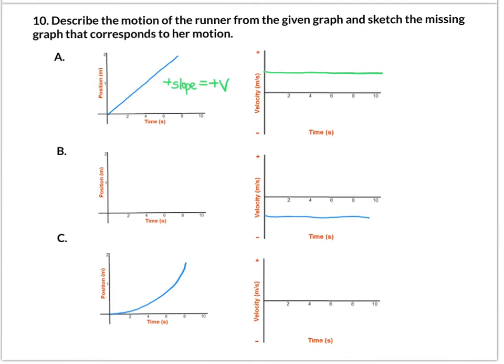And again, constant positive velocity, the slope of this line is 0. And again, the slope of a velocity time graph tells you about acceleration, so it tells you that her velocity is constant, right? She's not accelerating.